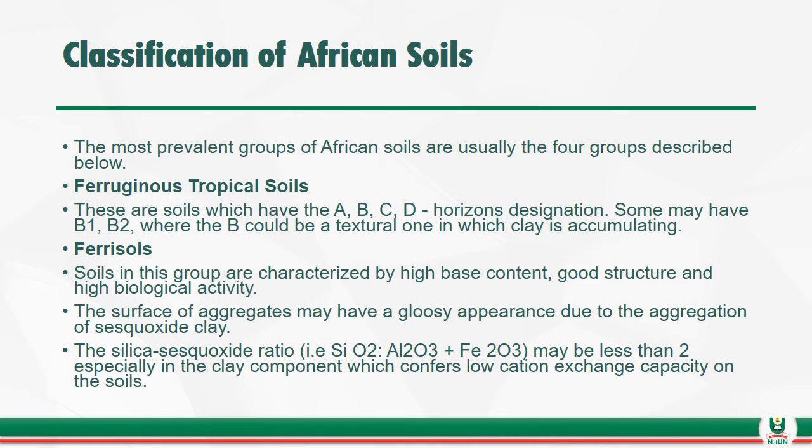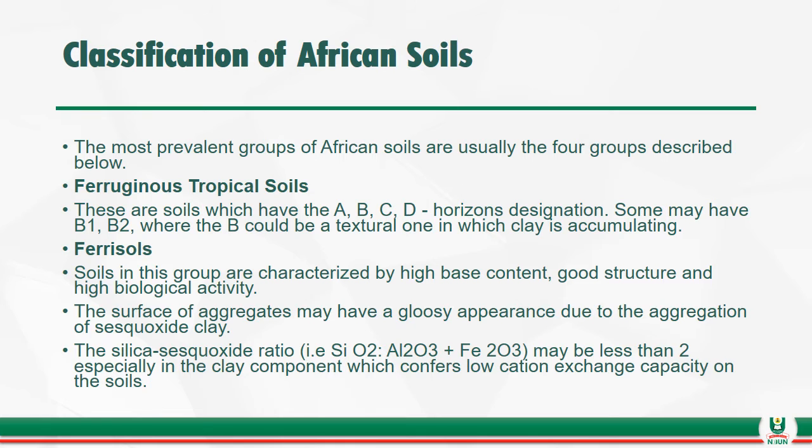African soils. The most prevalent groups of African soils are usually four groups described below. These are ferruginous tropical soils, and they are soils which have A, B, C, D horizon designations. Some may have B1, B2, where the B could be a textural one in which clay is accumulating. Ferrisols: soils in this group are characterized by high base content, good structure, as well as high biological activities.